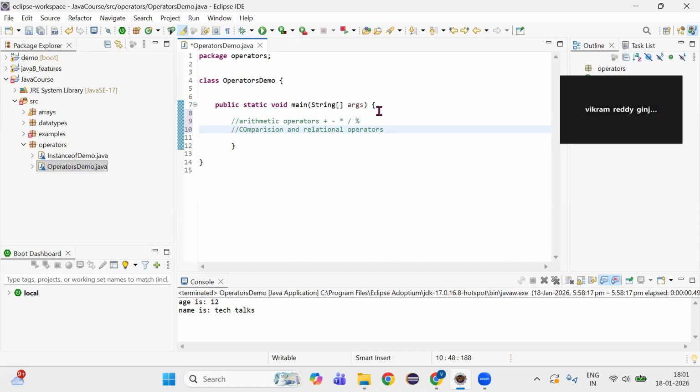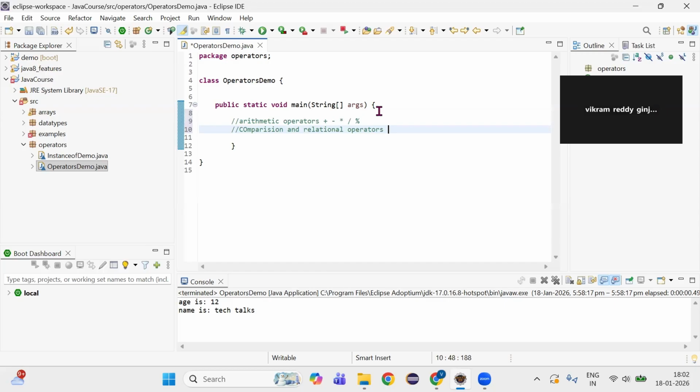We'll compare whether the given two operands, two values, are equal, or one operand is greater than the second operand, or less than, or greater than or equal to, or less than or equal to, and we also have not equal to. These are all the comparison and relational operators.